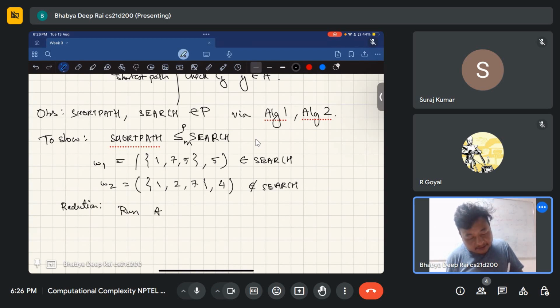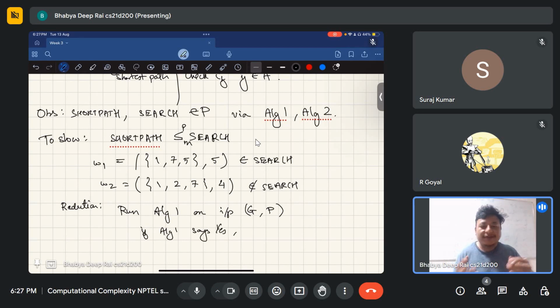Run algorithm 1 on input, whatever that shortest path input was, G and P, the path given to you. And if algorithm 1 says yes, what I do is I actually cheat with the definition of the reduction.